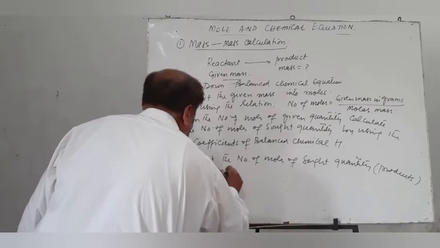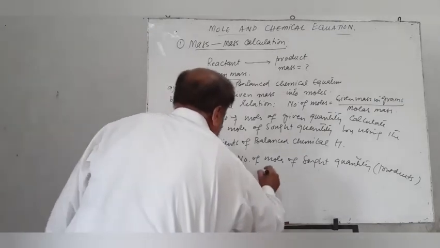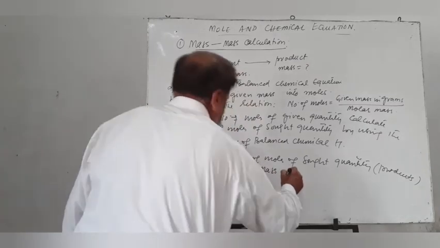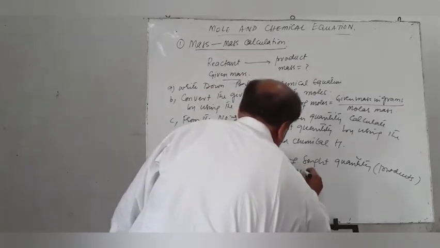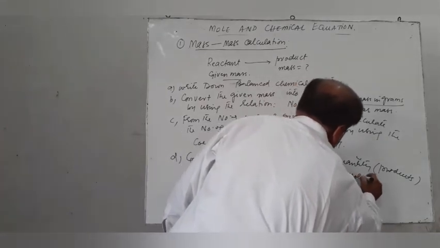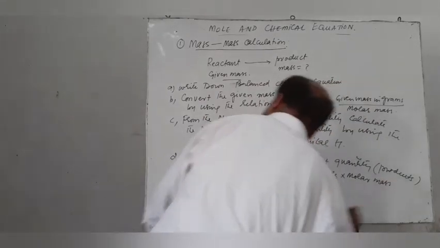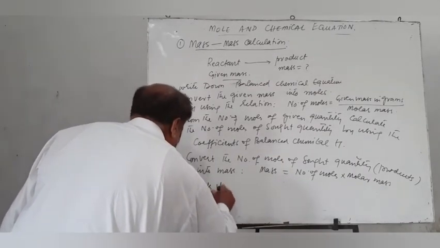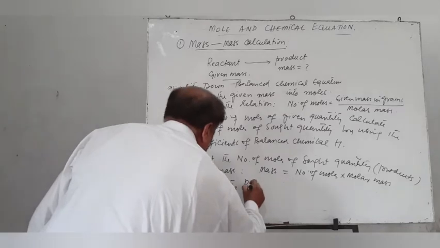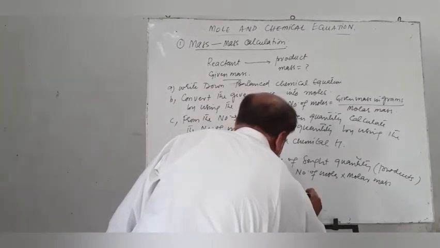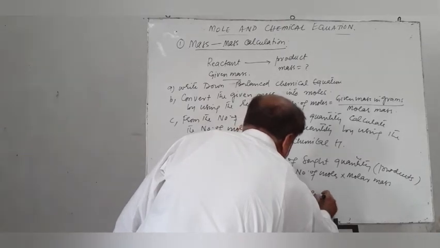Convert the calculated number of moles into mass, and the relation will be: mass of the substance is equal to number of moles into molar mass of the product. And the last step is to check if the result is feasible or not, whether physically it is possible or not possible.